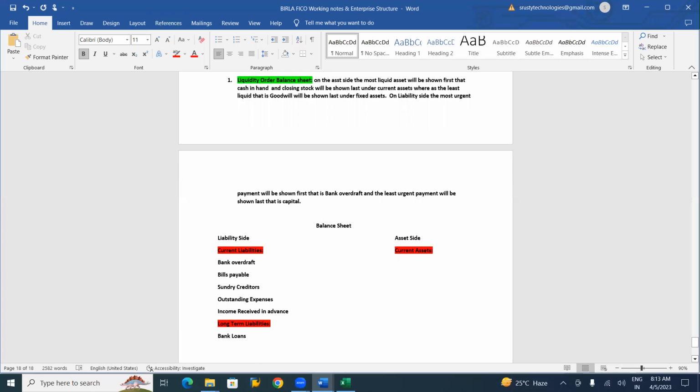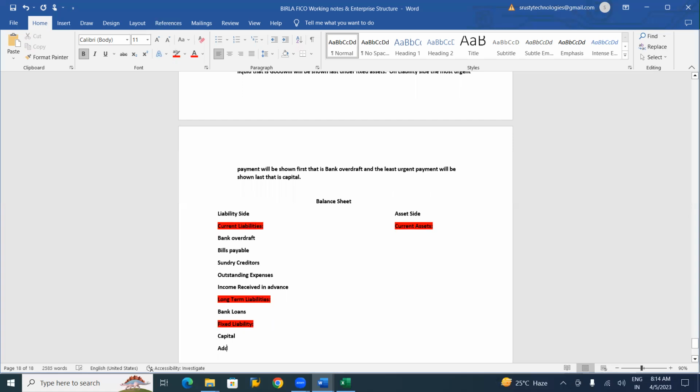Last but not least, fixed liability. What is fixed liability? Capital, or add net profit if any, or deduct net loss. Like this, I'm taking an example.